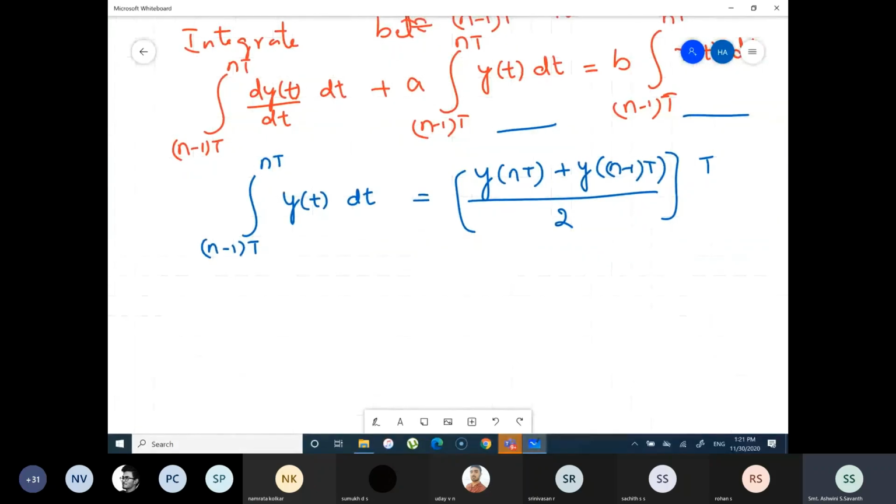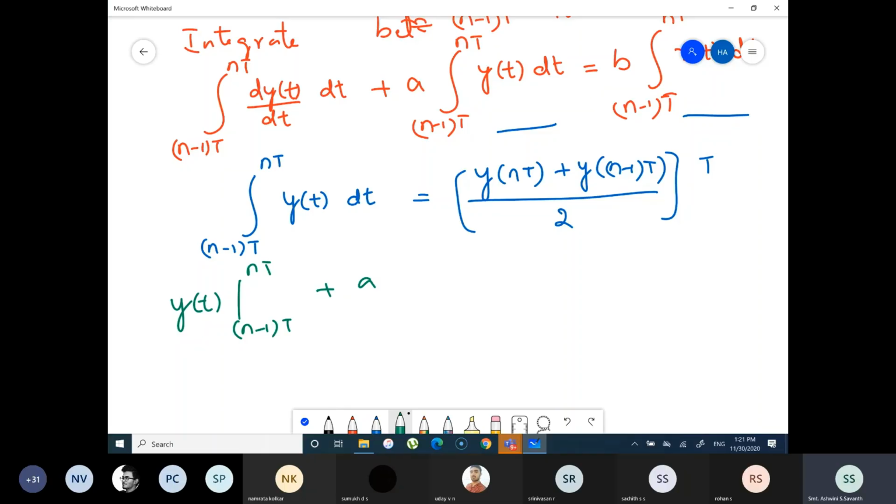So the first integral is anyway y of t, isn't it? Because dy of t by dt into dt will become y of t between the limits n minus 1 into t to nt, plus the constant a we have.